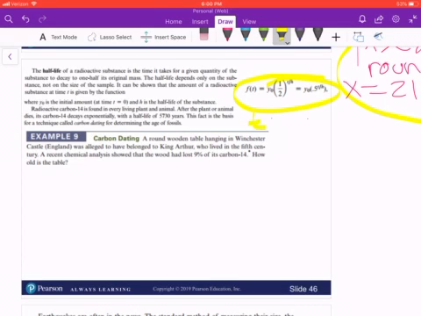So t is going to equal the time. The variable h represents the half-life, and I'll talk more about it in a minute.